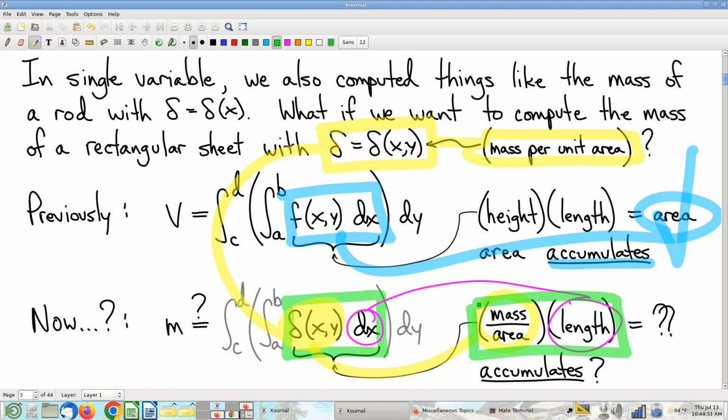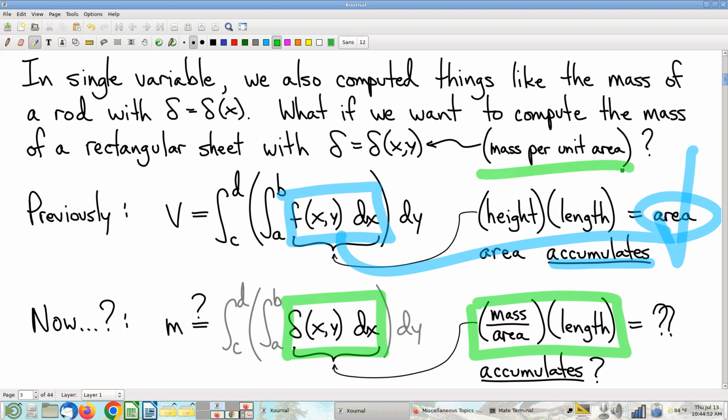Now, you could take a units point of view on this and argue that, just from a units point of view, I guess maybe the answer is mass per unit width. What's that? I don't know what that is. The mass isn't distributed across widths. The mass is distributed across areas. I don't even know what mass per unit width is. So, bad news.